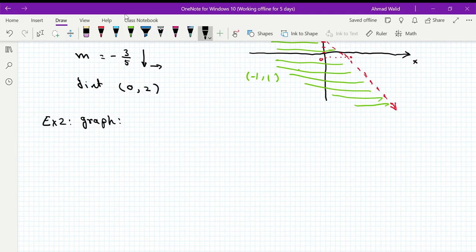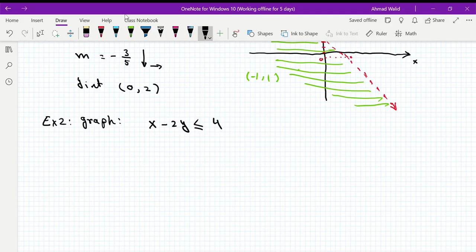Our goal in this class was to learn the concept, not the actual example from the book, right? Let's say this one. x minus 2y less than or equal to 4.